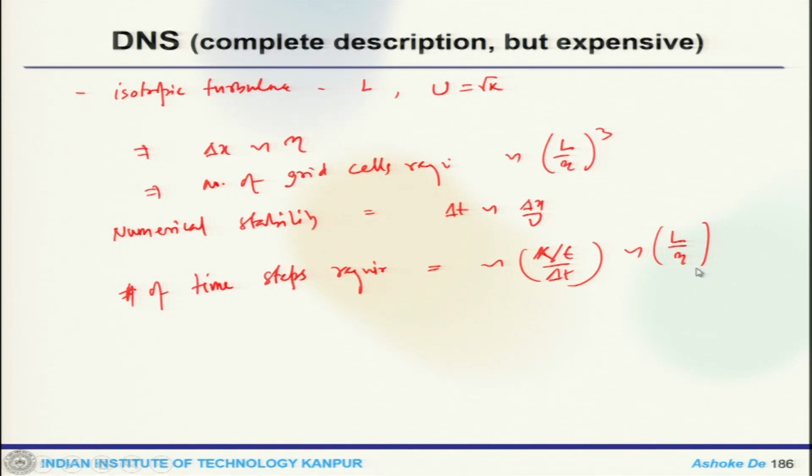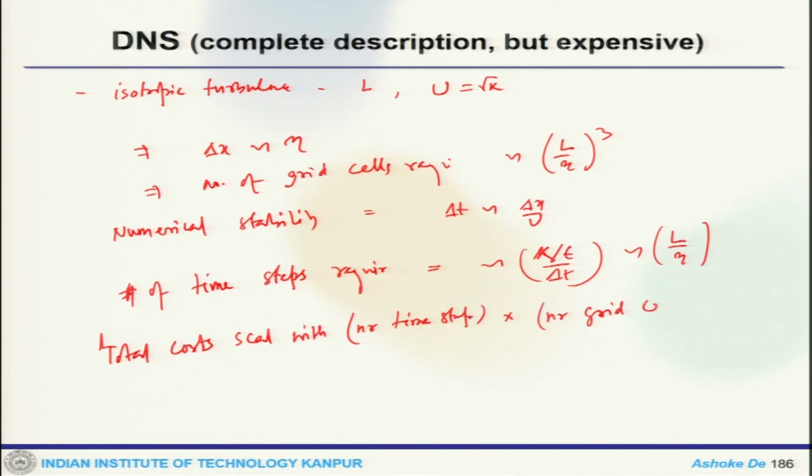So if you look at the total cost, it scales with the number of time steps times the number of grid cells, which is (L by eta) to the power 4, that is (u L by nu) to the power 3.